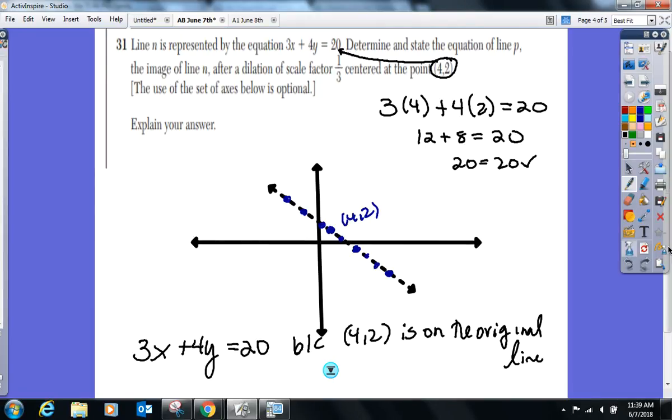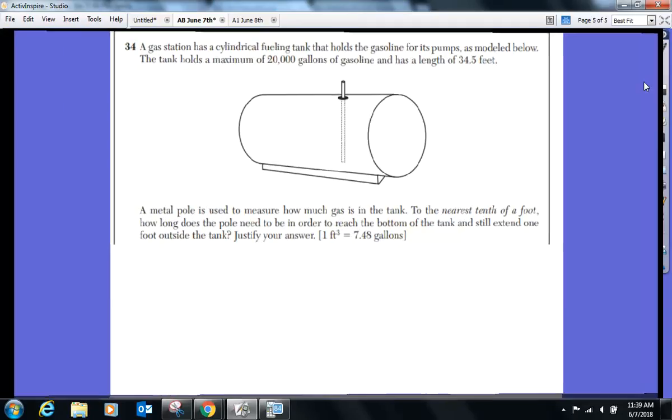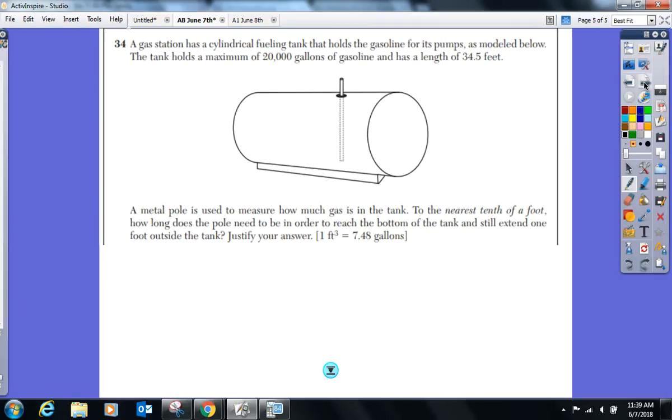All right, I think I got one more to get through here. Oh yeah, the gas station. A gas station, a cylindrical fueling tank, so we got a cylinder.